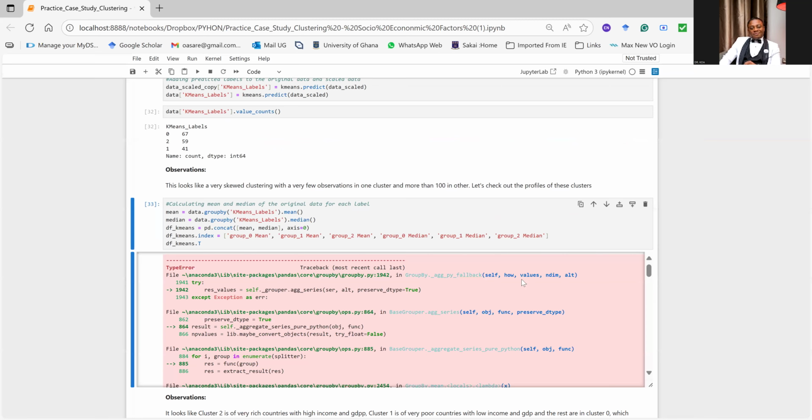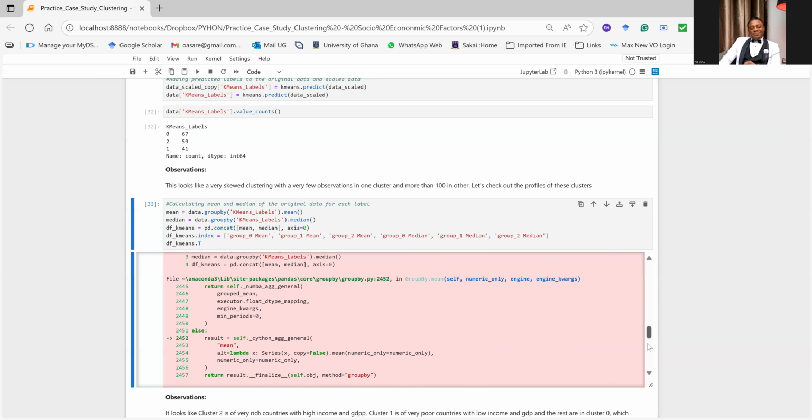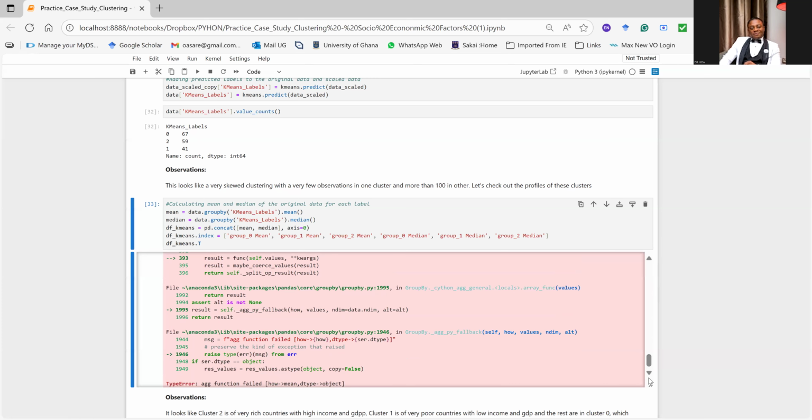Okay. So I have an error here myself. And sometimes when you get it like this, scroll to the bottom and see. It says the aggregate function failed.